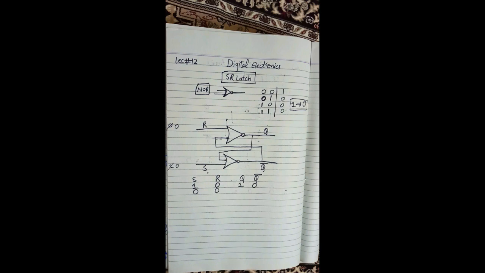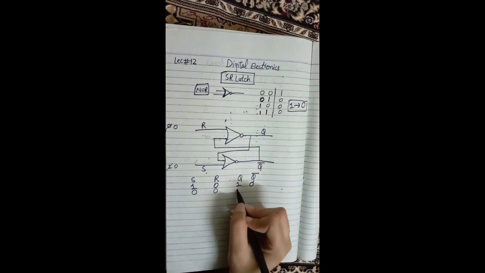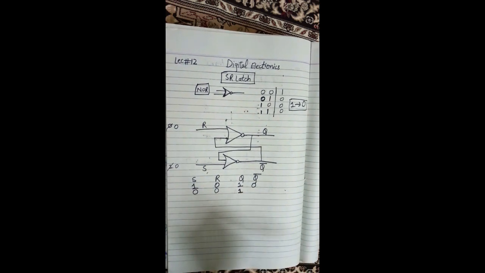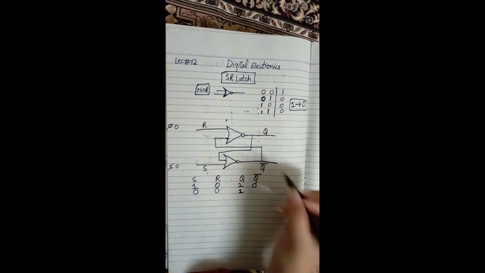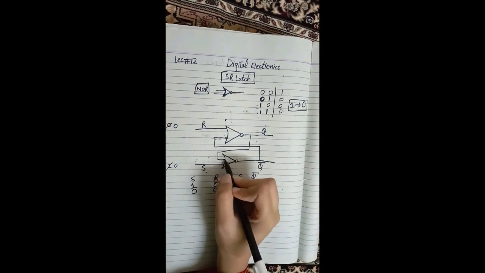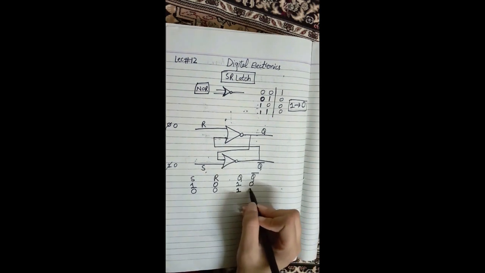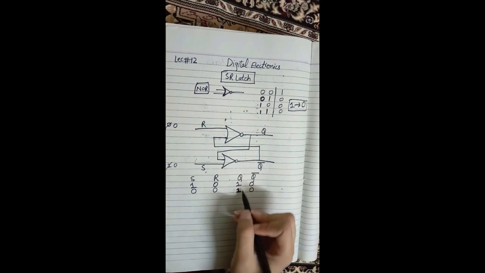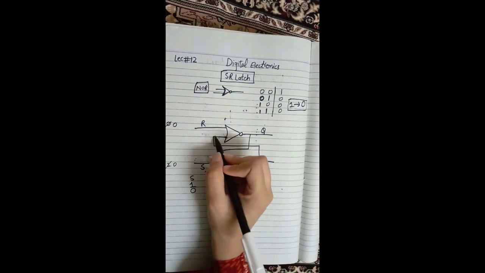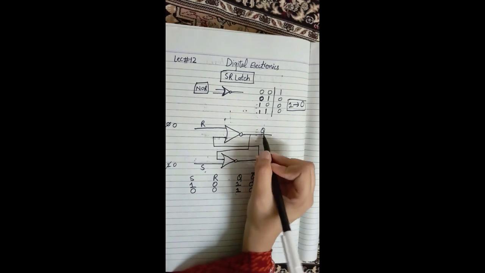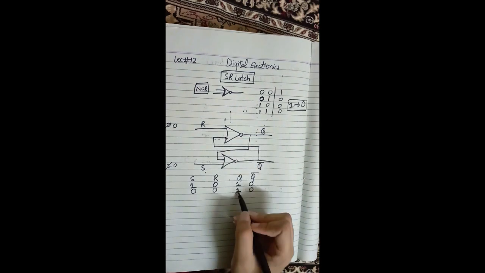So now we will imagine that Q is 1. We are assuming by ourselves that Q is 1. Whenever any input is 1, the output is 0, so Q bar will be 0. Now we will recheck this one: 0 and 0, the output will be 1, that is Q.